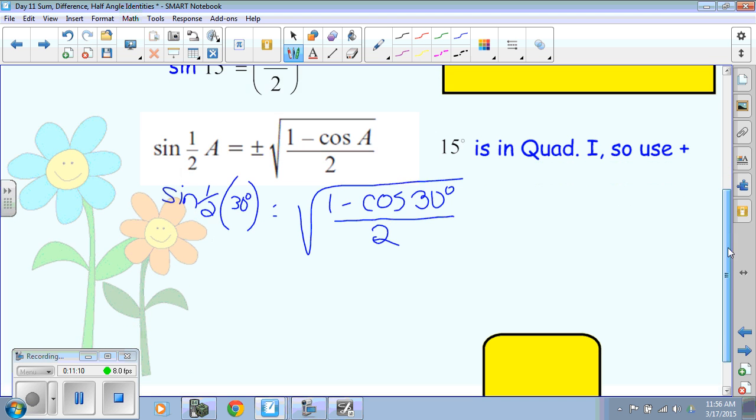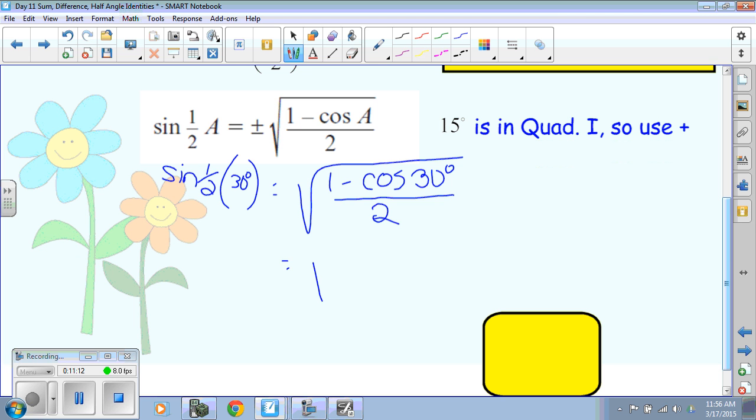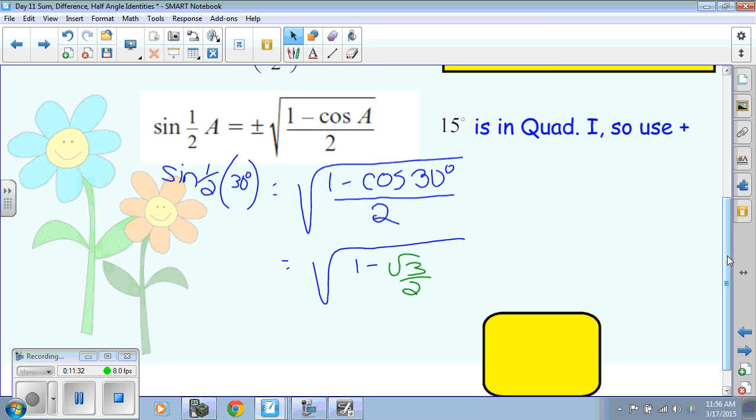Now it's just a matter of working our arithmetic. Everything's under the radical. Take out the calculators. And the cosine of 30 degrees is equal to radical 3 over 2. And this is all divided by 2. Now we have to do our arithmetic.